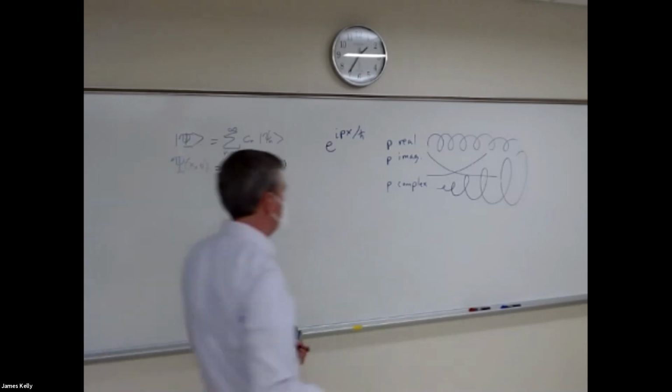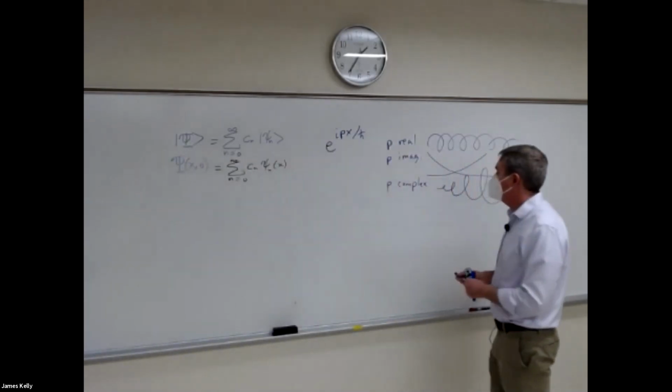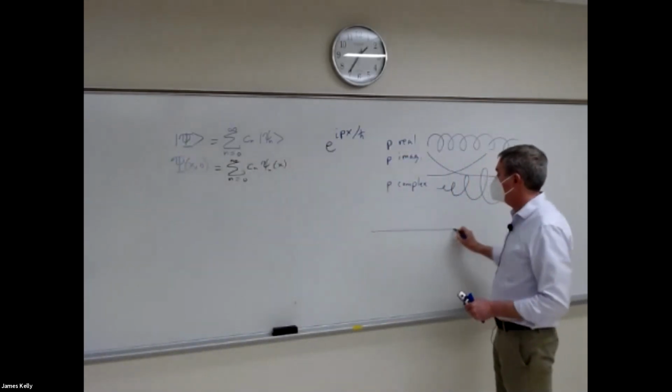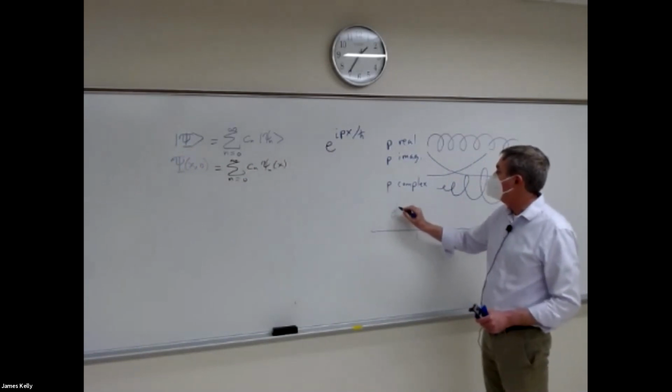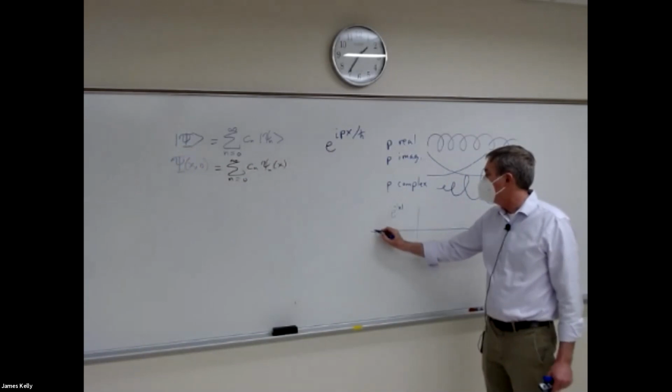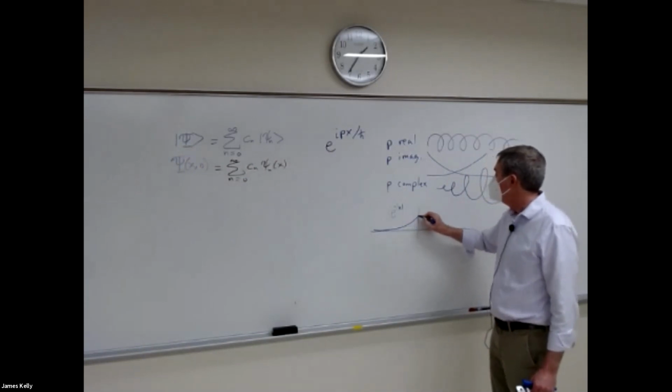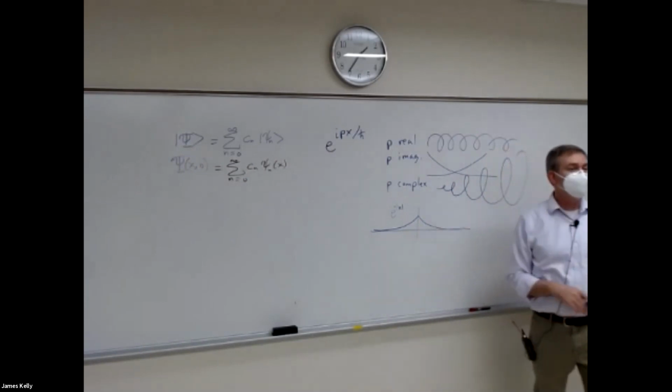I might say, here's a perfectly good element of capital L2: e to the minus absolute value of x. That goes up like this, and then out like that. It's perfectly square integrable, right?